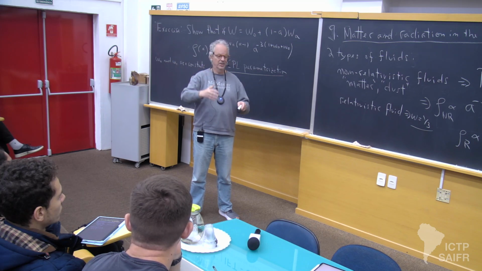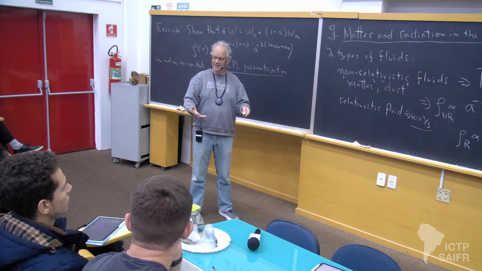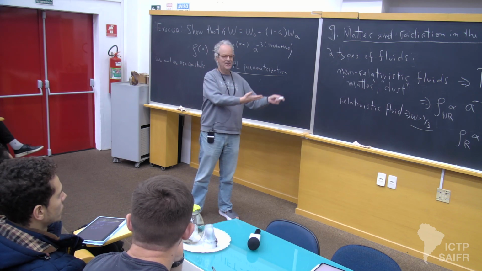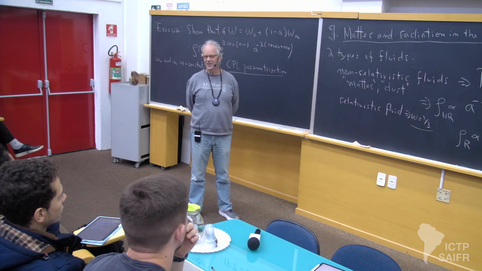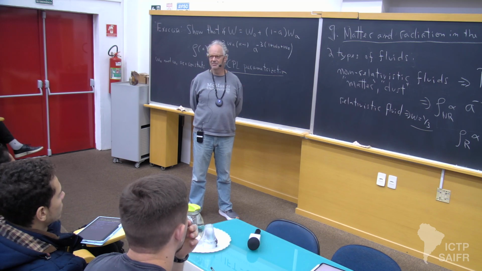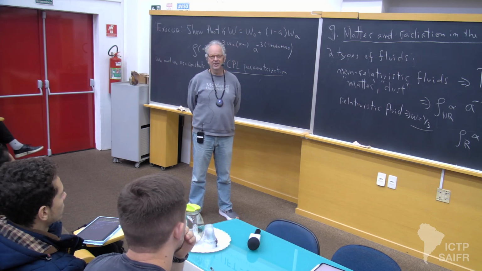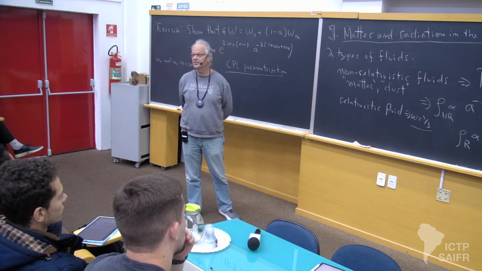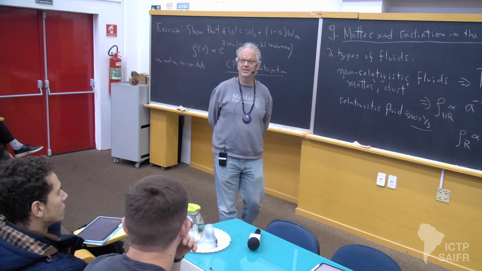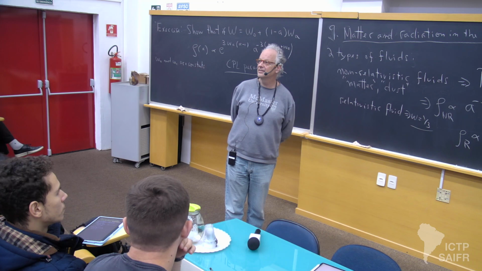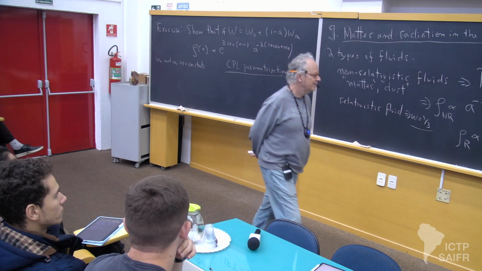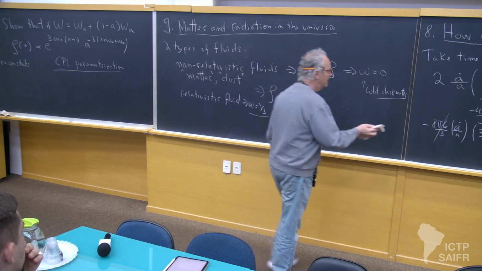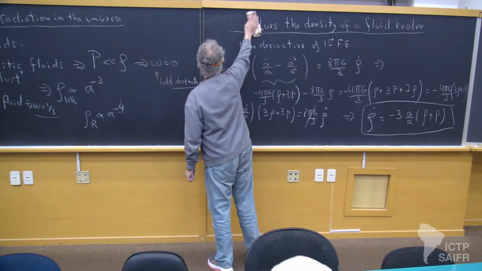Then you can compute the energy density for this gas of particles, and you can compute the pressure of this gas of particles, and it comes out to be 1/3. I didn't do it here; I can either do it, or you can see it in a course on statistical mechanics. You should see that. Thank you for the question. Any other questions? Very good. So we know how these two types of fluids change in the history of the universe.